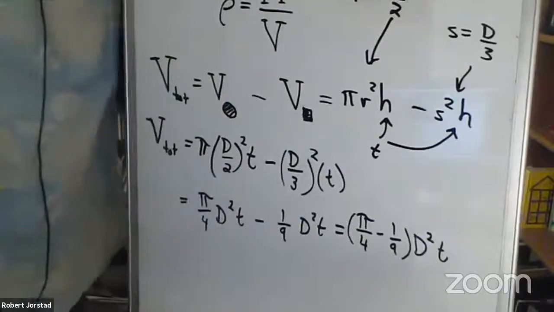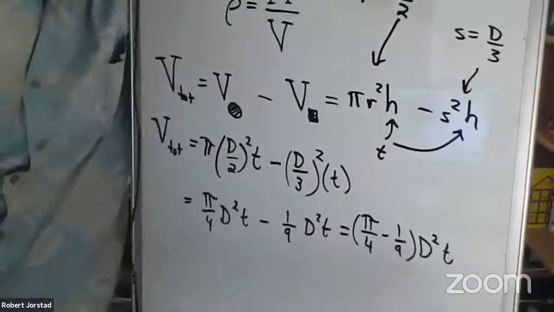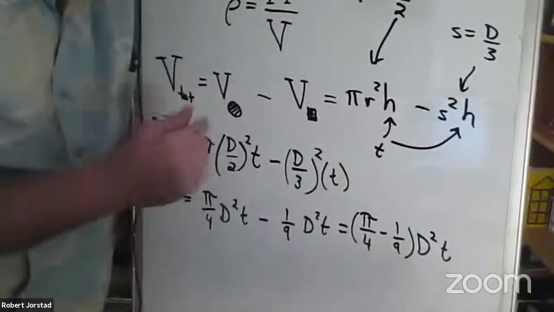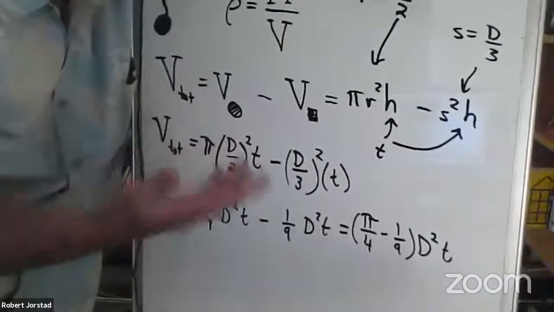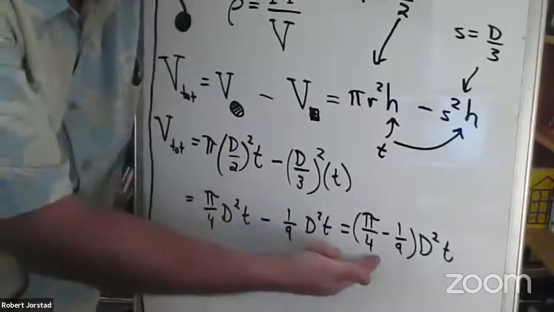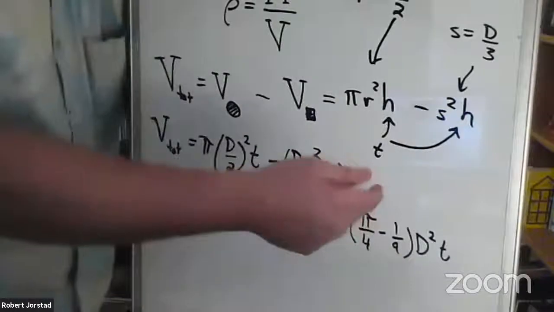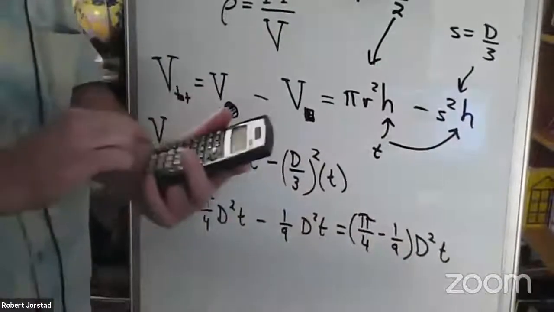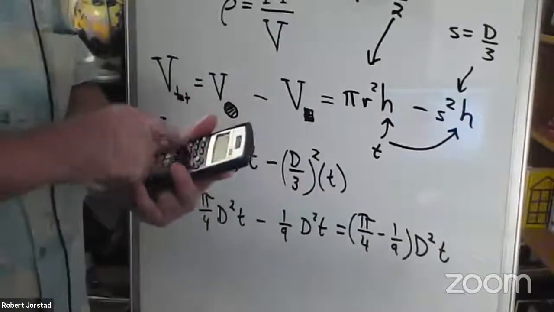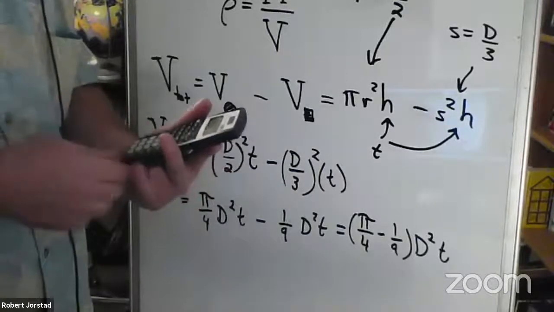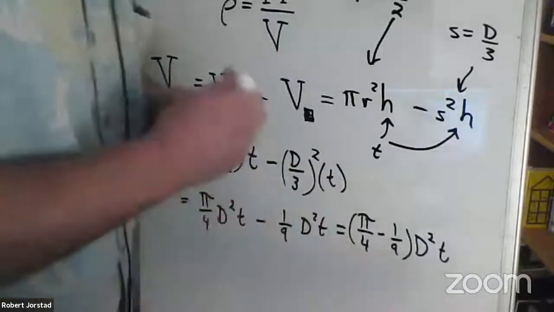Now, a lot of you are used to a math class where you leave things like this with fractions, or maybe you get a common denominator or whatever. As an engineer, this sucks. Use a decimal. Plug it into your calculator, people. Pi divided by 4 minus 1 divided by 9.